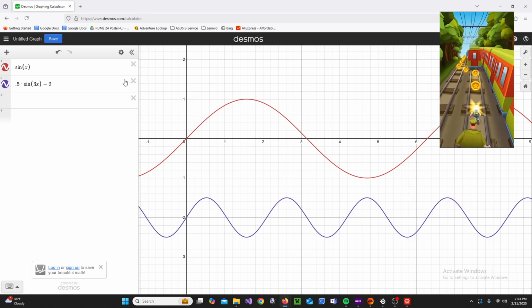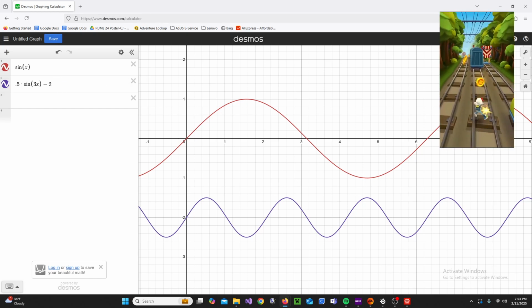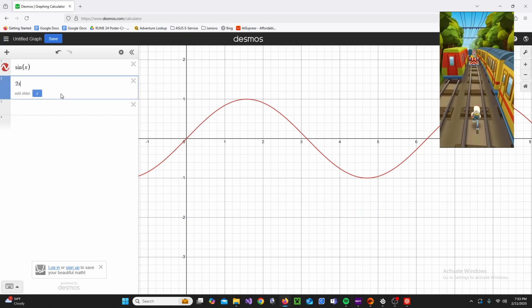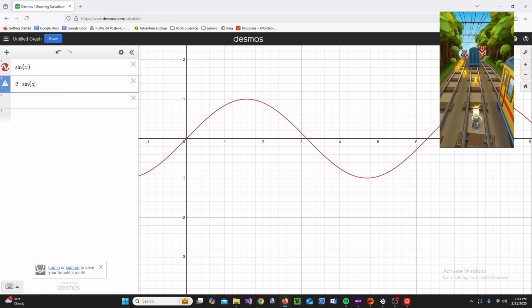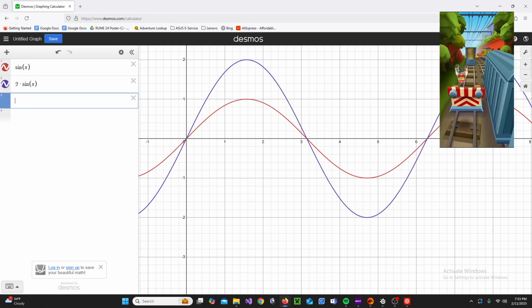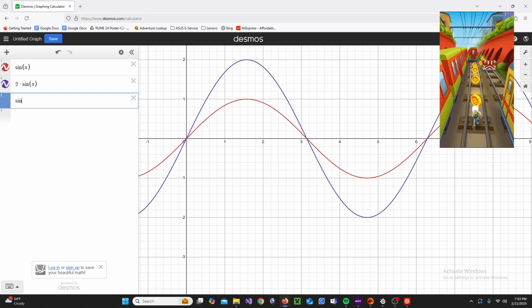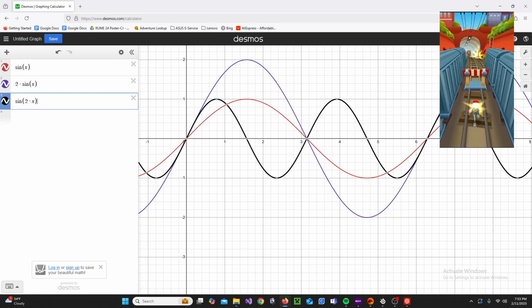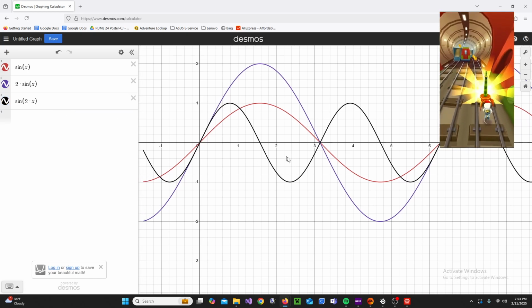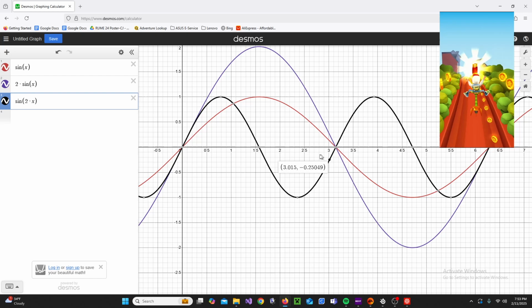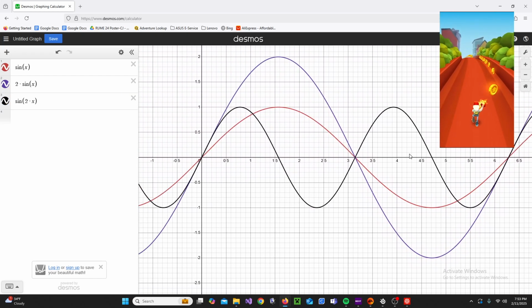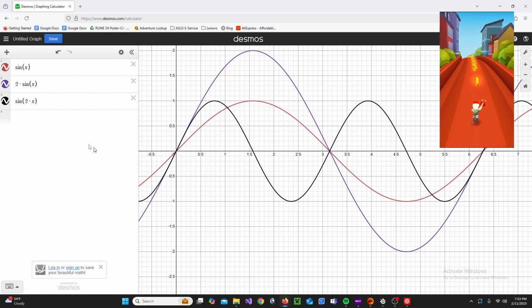Now something really kind of funny is happening, right? By doing an operation on the outside, 2 times sine of x, I have increased it, I made it larger. But if I do the same operation on the inside, instead of making it bigger horizontally, I have compressed it, right?